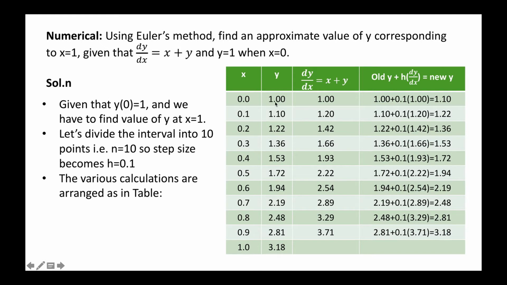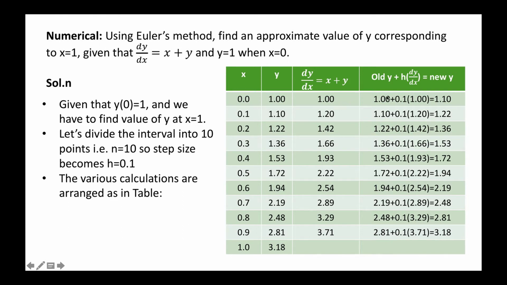The first value is given, and the third column represents dy by dx is equal to x plus y, which is the function f of x comma y. The values of x and y are given initially. So x value is 0, y is 1, so the function becomes x plus y, which is 1.